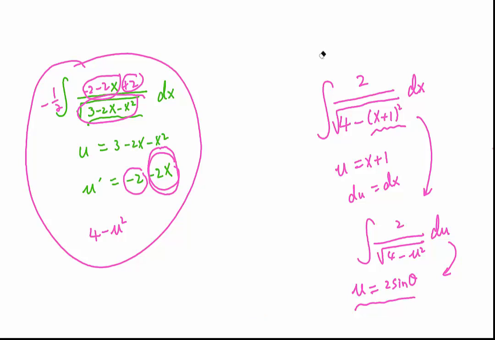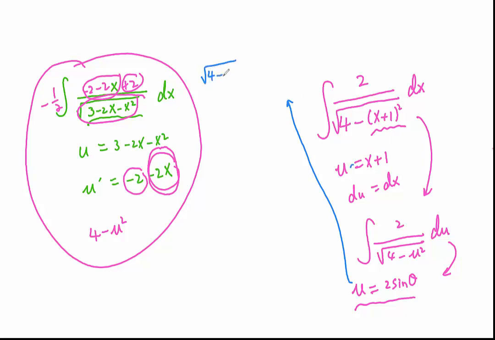I'm going to change the pen. So now let's continue our trig. The u is going to be 2 sine theta. Then square root.